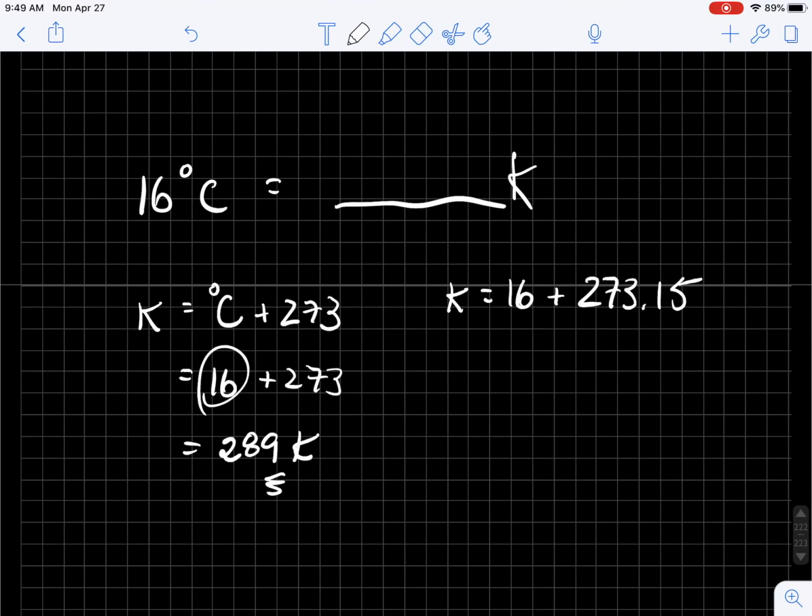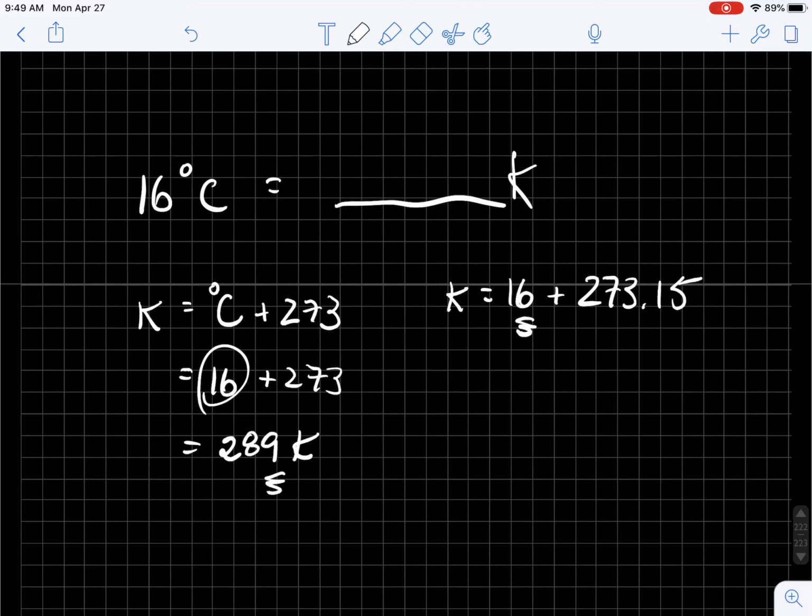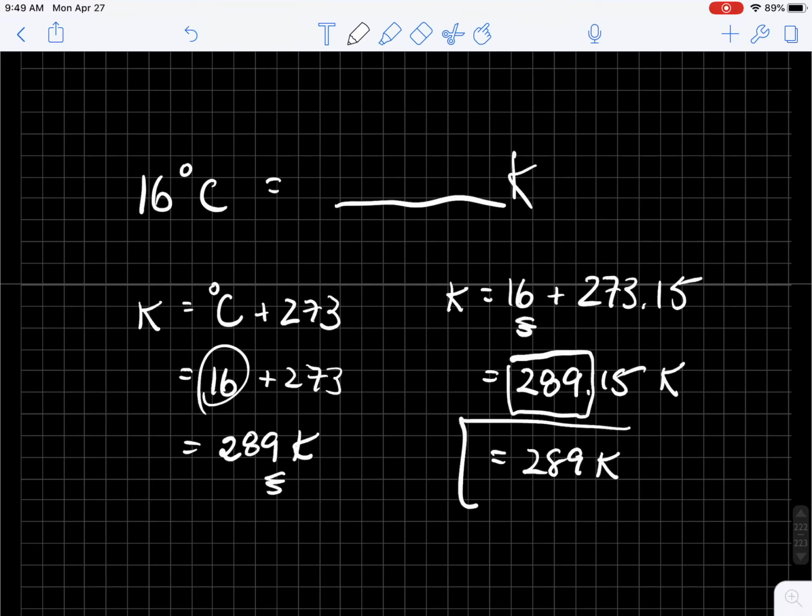The answer is not 289.15. Again, this value 16 only has sig figs in the ones column, so our final answer can only be in the ones column. So we would add this up, 289.15 Kelvin, and then we would limit our answer to the ones column. So the answer would still be 289 K.